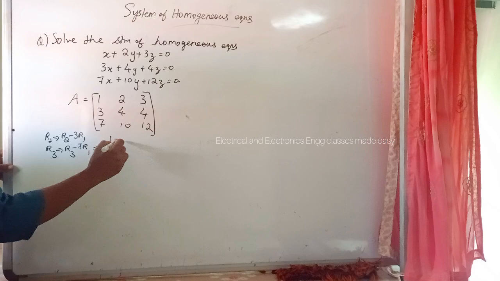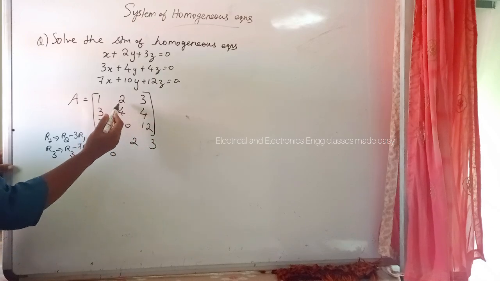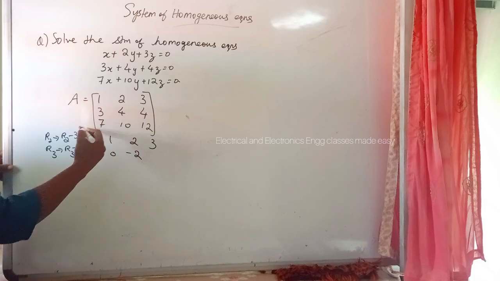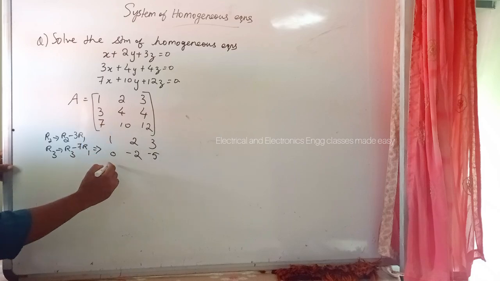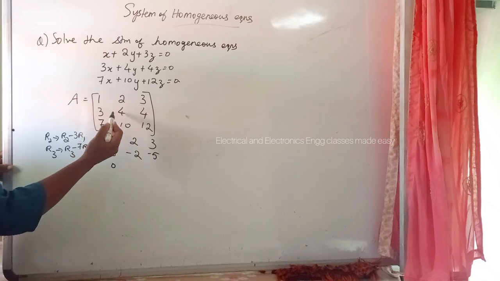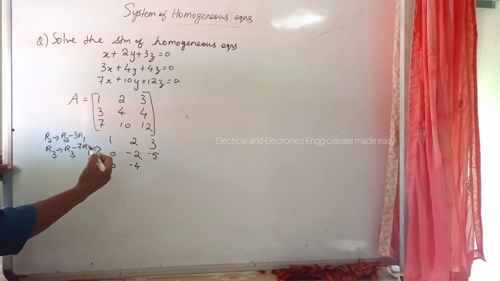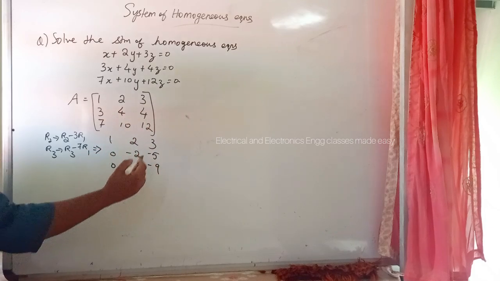So here we will get 1, 2, 3, then 0, then 4 minus 6, that is minus 2, then 4 minus 9, that is minus 5, then 0, 10 minus 14, that is minus 4, then 12 minus 21, minus 9.